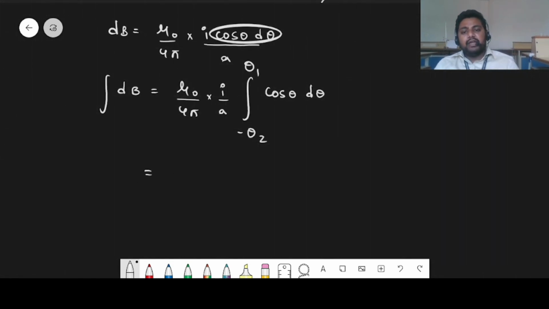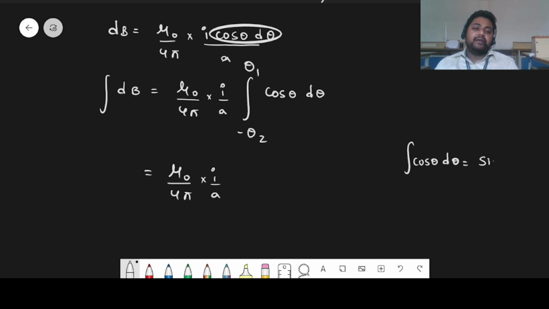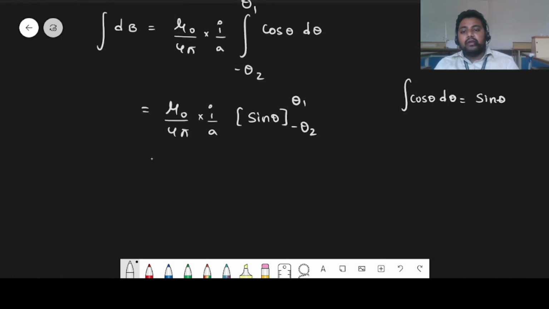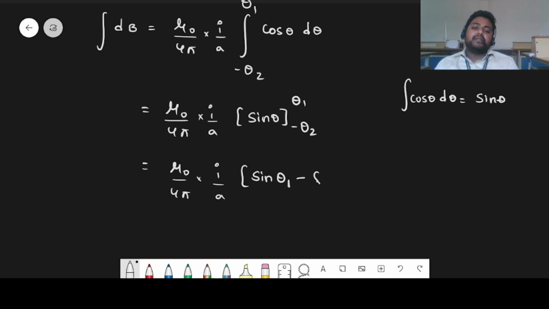Now, integrating it, we get mu naught by 4 pi into I by a. The integral of cos theta d theta is sin theta. So when we substitute the upper limit and lower limit in terms of sin theta, we can write this entire function as mu naught by 4 pi into I by a into sin theta 1 minus sin of minus theta 2, upper limit minus lower limit.